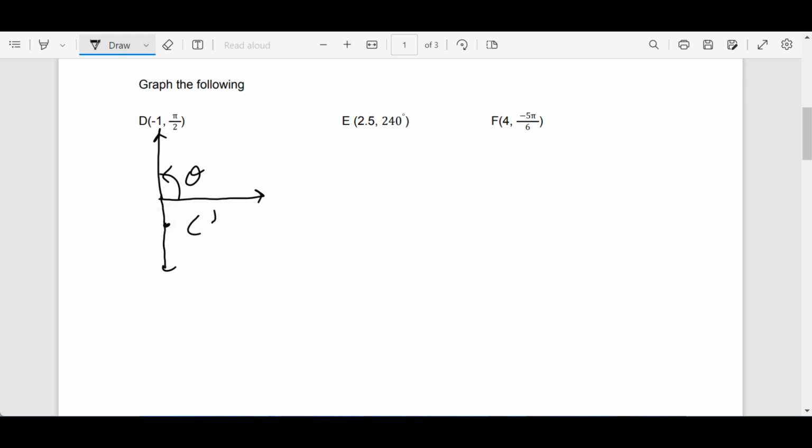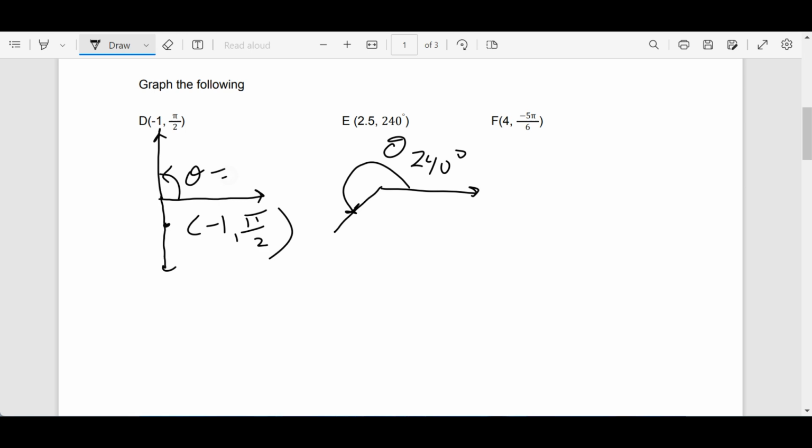There you go. (-1, pi over 2). Next, (2.5, 240 degrees). 240 would be somewhere right there with the polar axis right there. And that's your theta, 240.